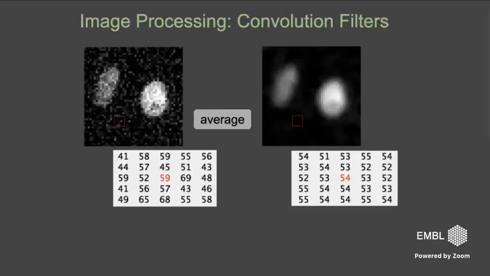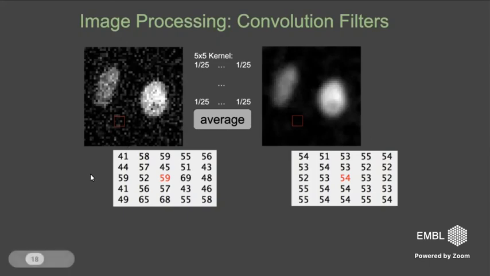One very prominent example are so-called convolution filters. Here on the left, we have a relatively noisy grayscale image, and then we apply an average filter where we smooth the image and get the values on the right. Technically, this was a 5x5 convolution kernel, where each element, and I didn't draw all of them, but there are 25 of them, has a weight of 1/25.